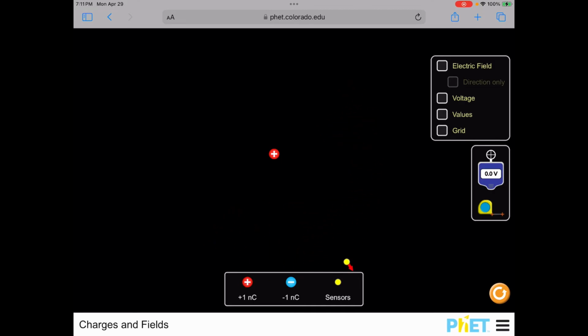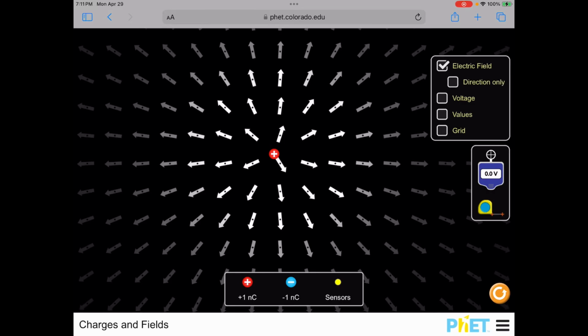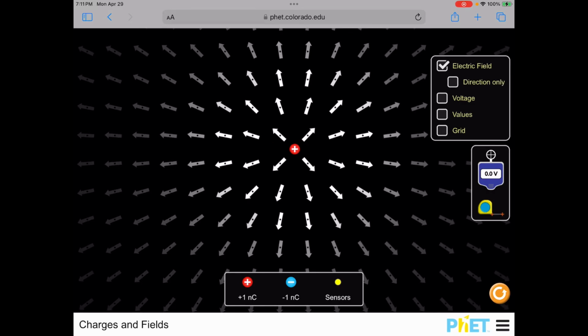And so to visualize that, we could do this. So there is a diagram of the electric field. Now, we don't often represent it like this. This is just how the simulation's choosing to represent it with many different arrows. Like you saw there, we usually just use single continuous arrows, but this gives another visual, right?